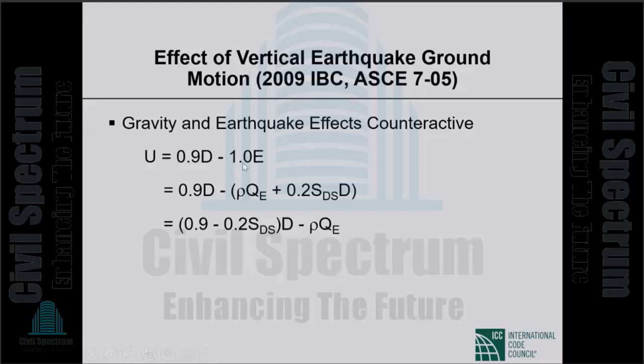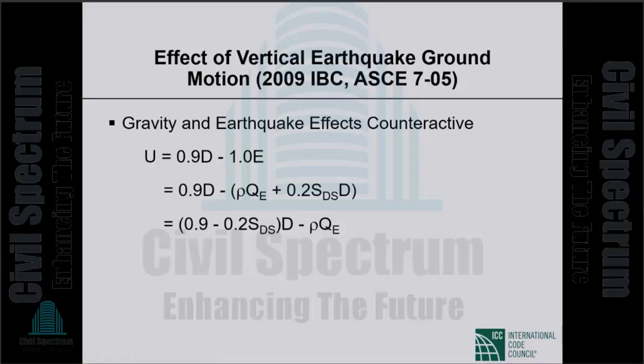So in the slide that will be posted, I'll change the signs, but read it this way. 0.9 dead plus 1.0 E, where 1.0 E is rho times Q sub E minus 0.2 S sub ds times D, in consideration of vertically upward earthquake effect. And that decreases the dead load factor from 0.9 to 0.7 when S sub ds is equal to 1.